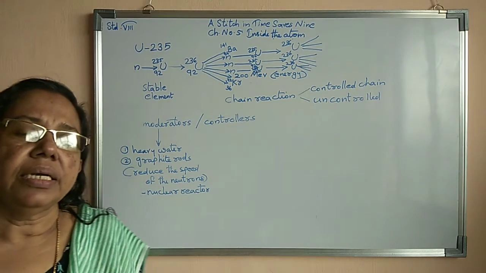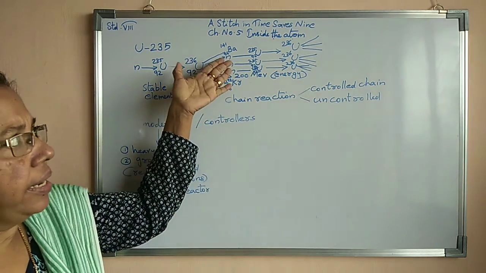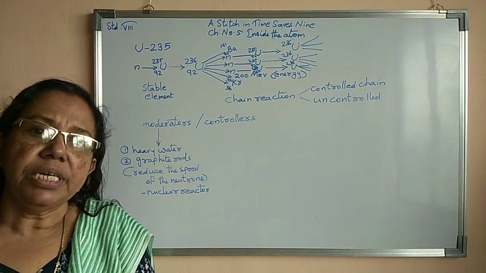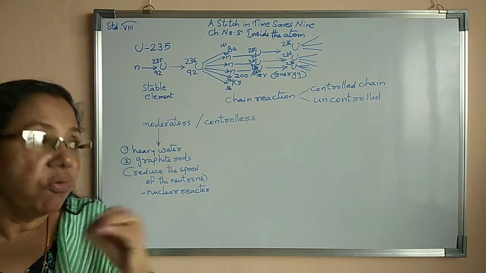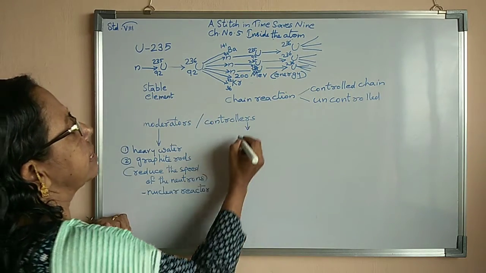Now the other thing, controllers. Here the number of neutrons keeps on being produced continuously, so their number needs to be reduced. For that they are using controllers.